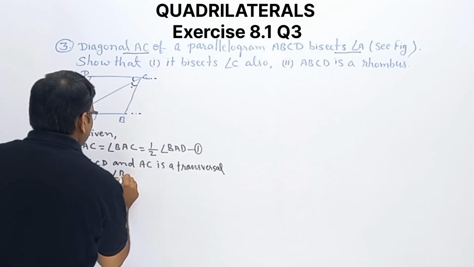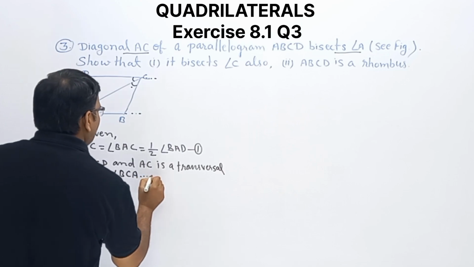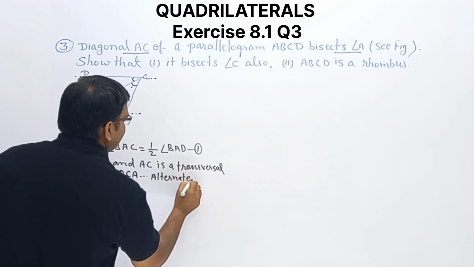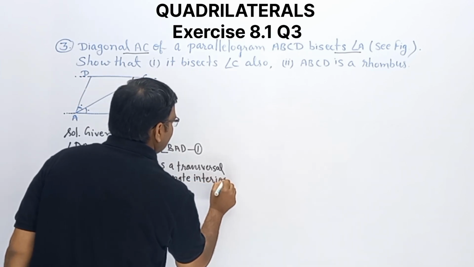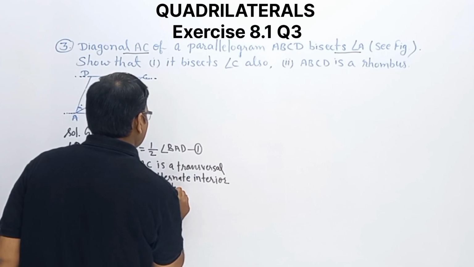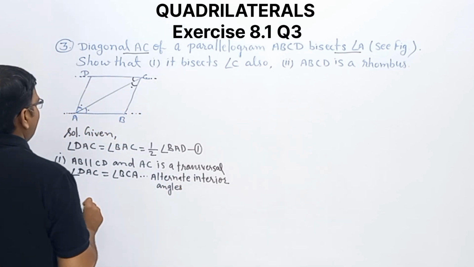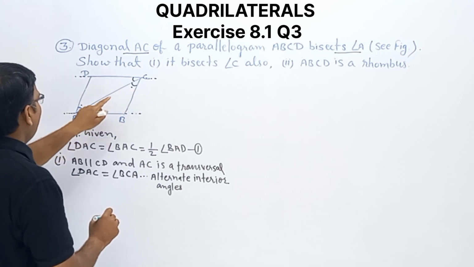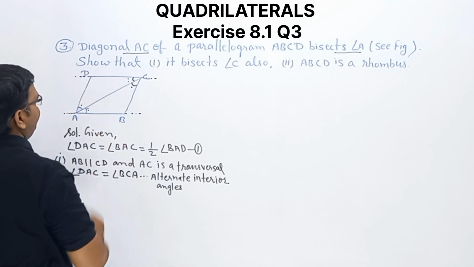They are alternate interior angles. Alternate interior angles are equal. And for another pair, this angle is equal to this one.